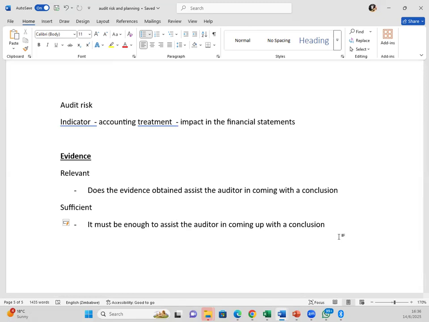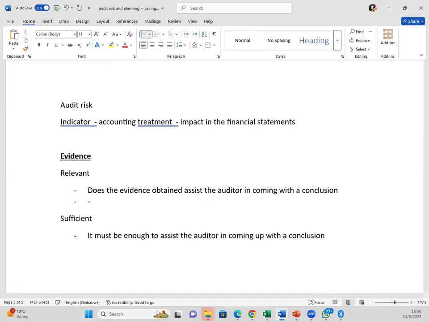What can affect the relevance or sufficiency of the evidence? It could be, where are we getting this evidence? So we can also add that the source of the evidence may determine its relevance.